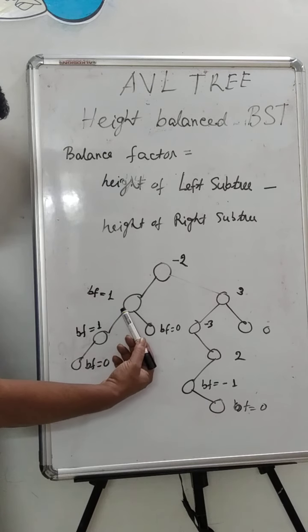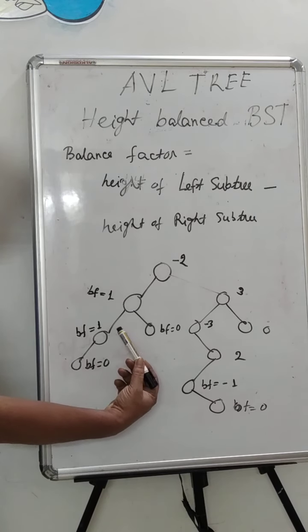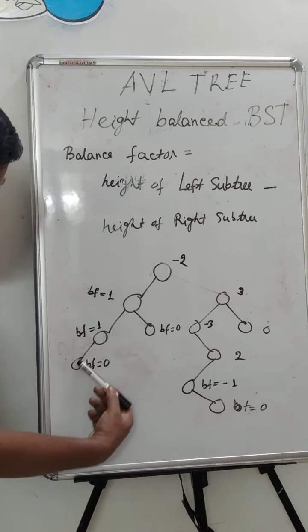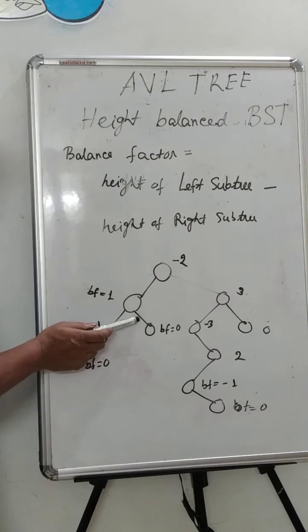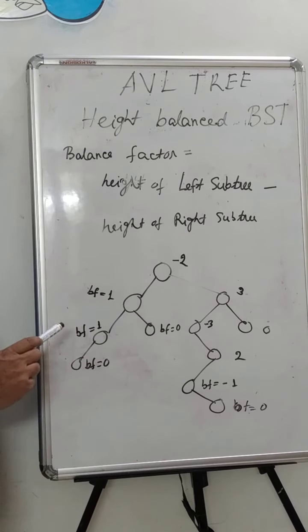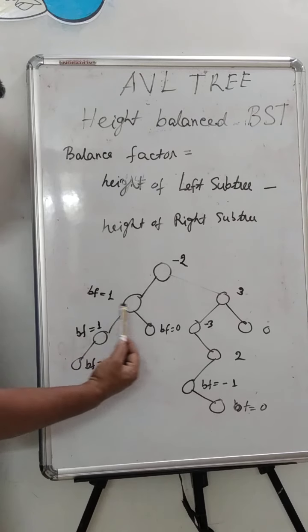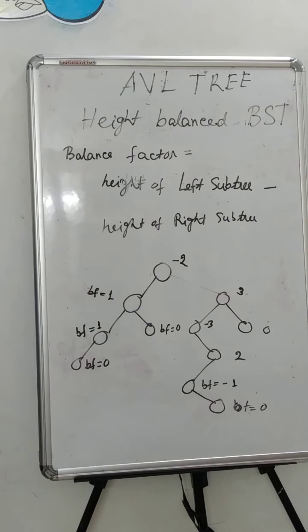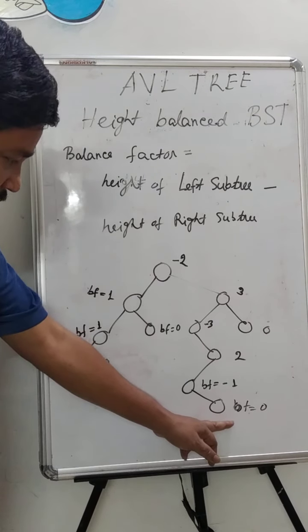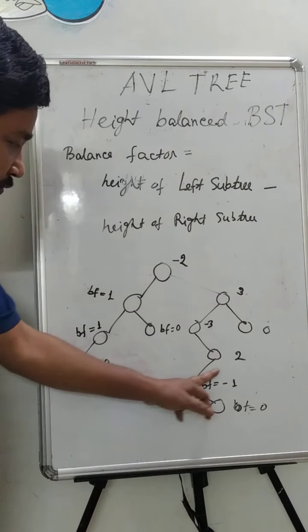In this case, the height of the left subtree is 2 and the right subtree is only 1. So 2 minus 1, the balance factor of this node is 1. In that way we can calculate the balance factor of this node also.